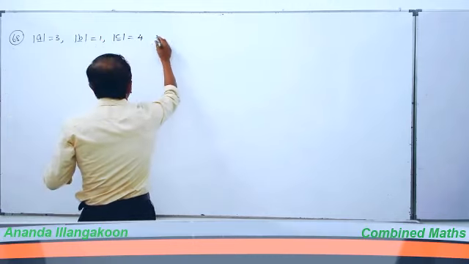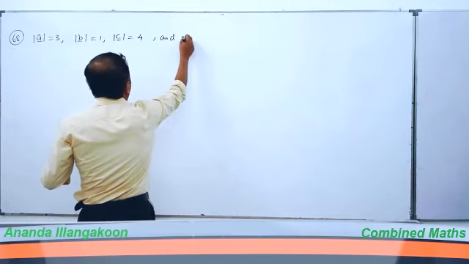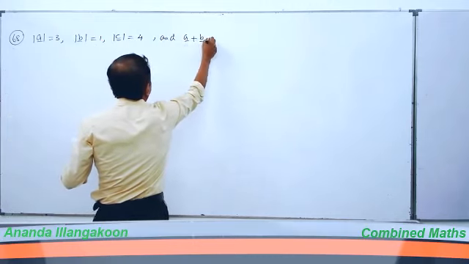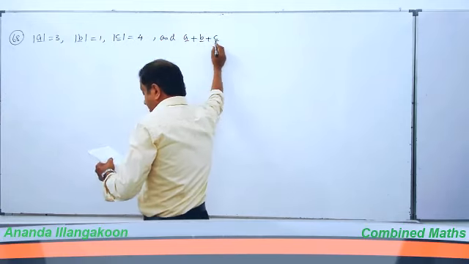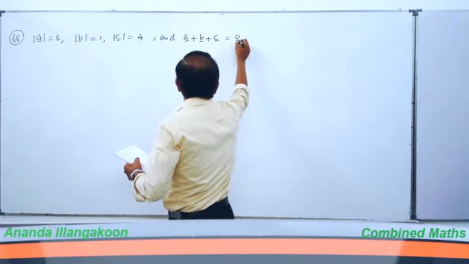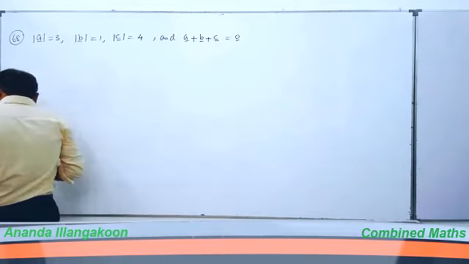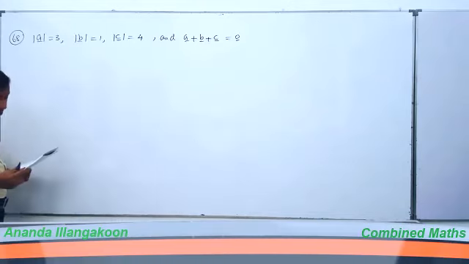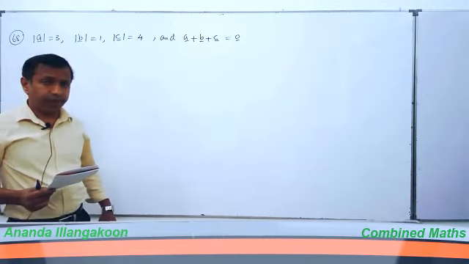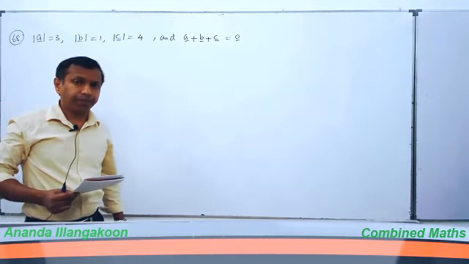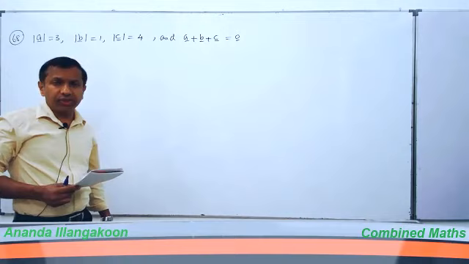And given another one more, vector A plus vector B plus vector C is equal to null vector. Then we have to show A dot B plus B dot C plus C dot A is equal to minus 13.